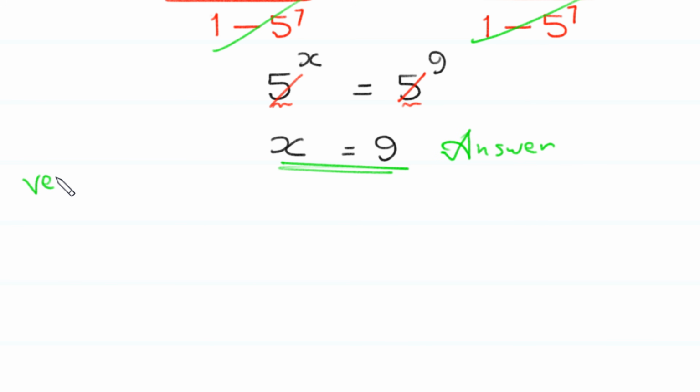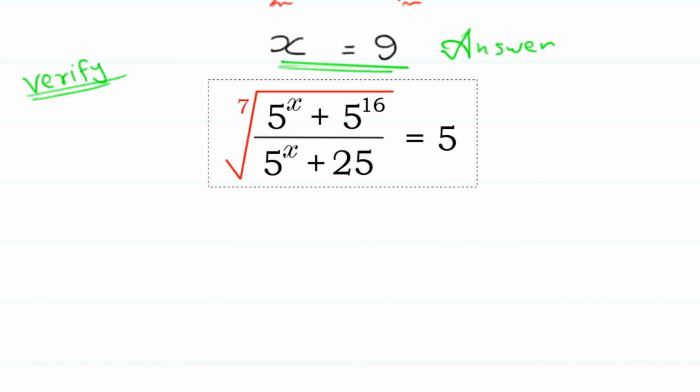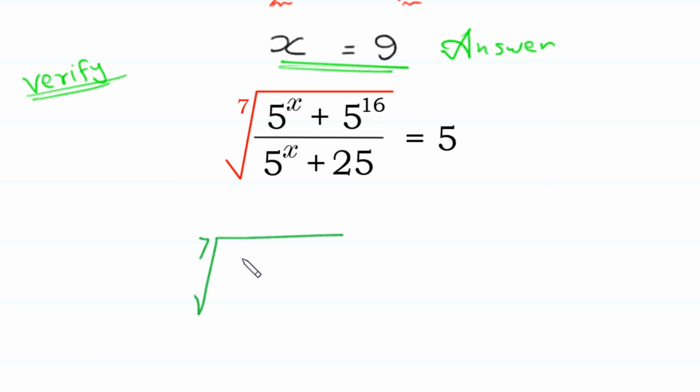Now let's verify this by putting the value x = 9 in the original equation. This is the original equation. In this equation we put the value of x as 9. The 7th root of (5^9 + 5^16 divided by 5^9 + 25, and we can write this 25 as 5 squared) is equal to 5.